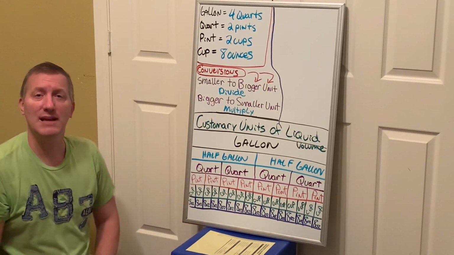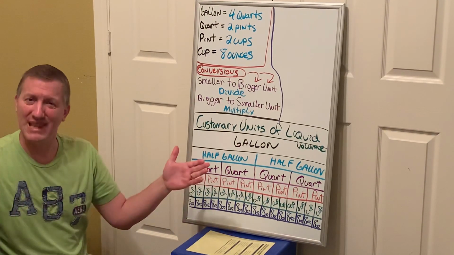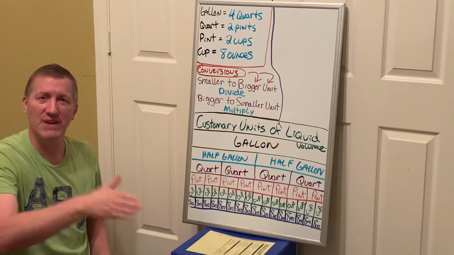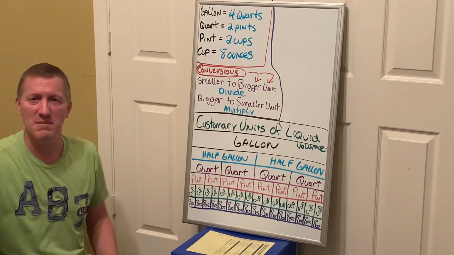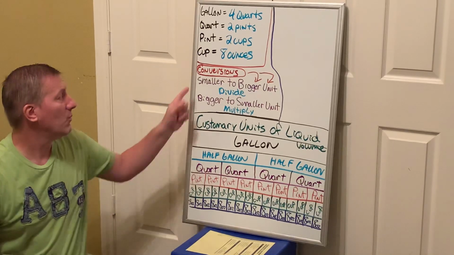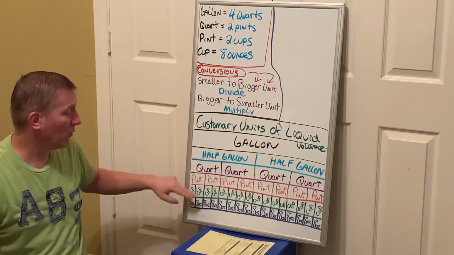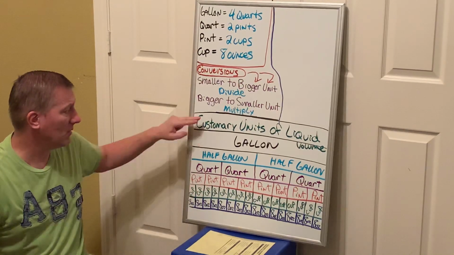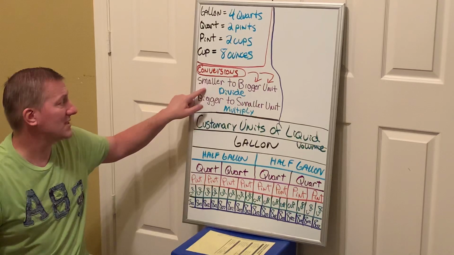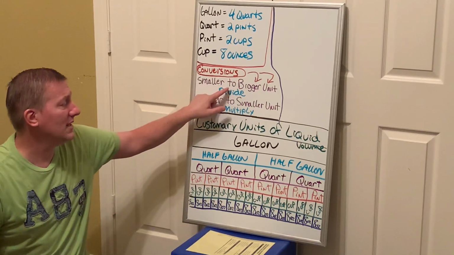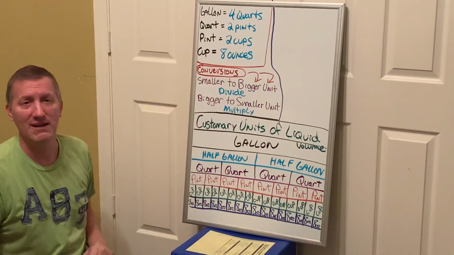Now again, like we spoke of yesterday with the units of length, changing feet into inches, inches into yards, yards into miles, we had conversions. Those conversions will be the same with these units of liquid volume too. If you have a smaller unit and you're going to a bigger unit, you're going to divide.